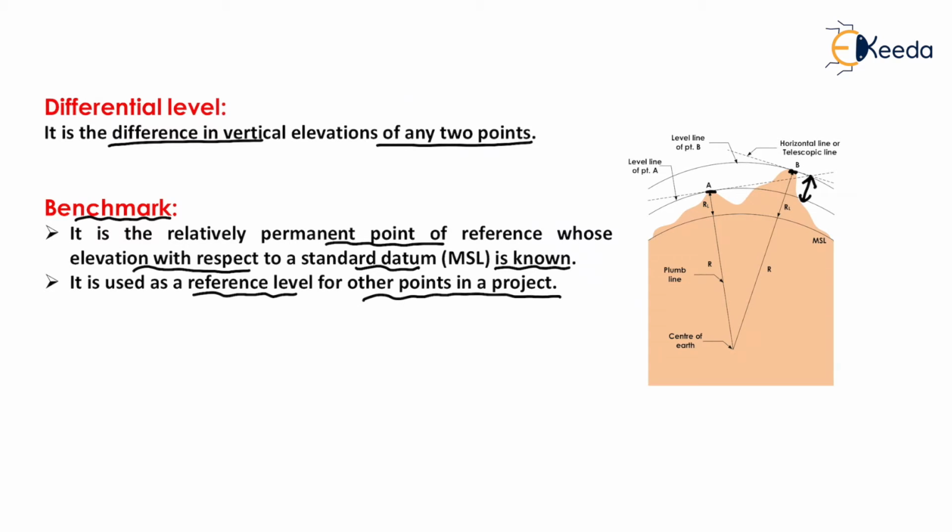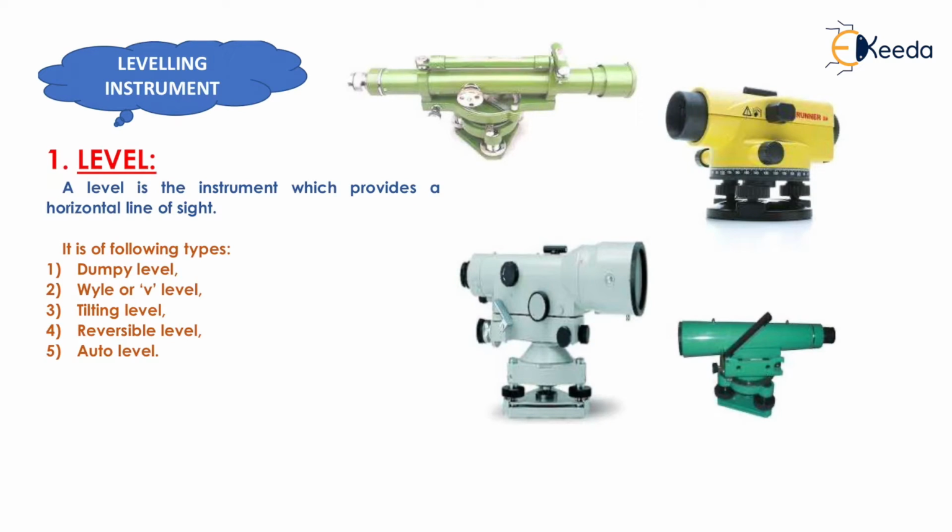If we don't know the benchmark, then it is impossible to carry out the leveling work, because we have to connect our survey or our leveling work. That's why we need a benchmark, which is a permanent point of reference whose elevation is already known from the standard datum.